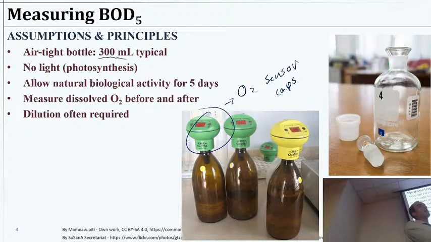We're just worried that the CO2 that the bacteria are producing for the BOD could be reconverted back into oxygen if we have photosynthesis. So we want to make it essentially dark. The amber colored vials here are usually good enough, blocking out all the light that could be used for photosynthesis. So you'll see either bottles wrapped with aluminum foil or amber bottles.